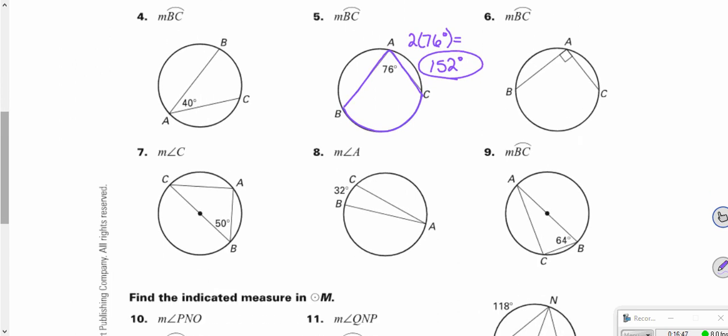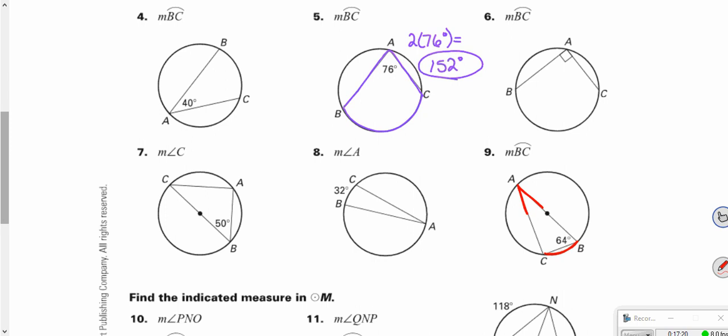And number 9, kind of doing the diagonal thing here. Measure of arc BC is what we're trying to find. Well, can I find the measure of angle A? I sure can, and here's why. This goes along with theorem 9: if a right triangle is inscribed in a circle, then the hypotenuse is a diameter of the circle.